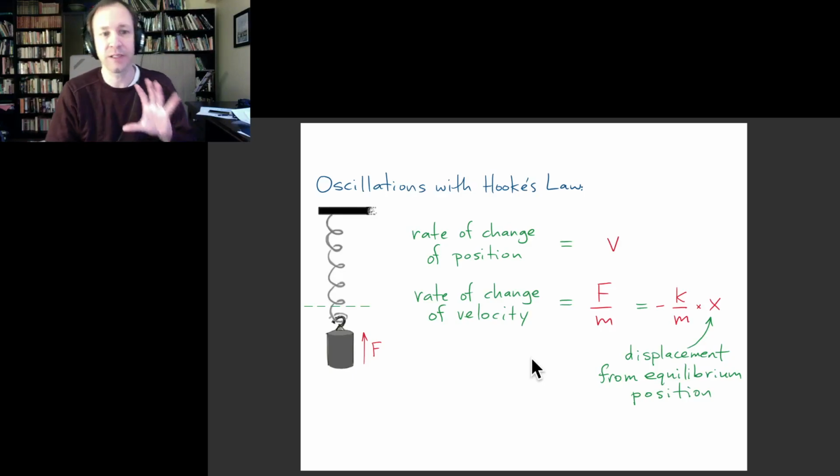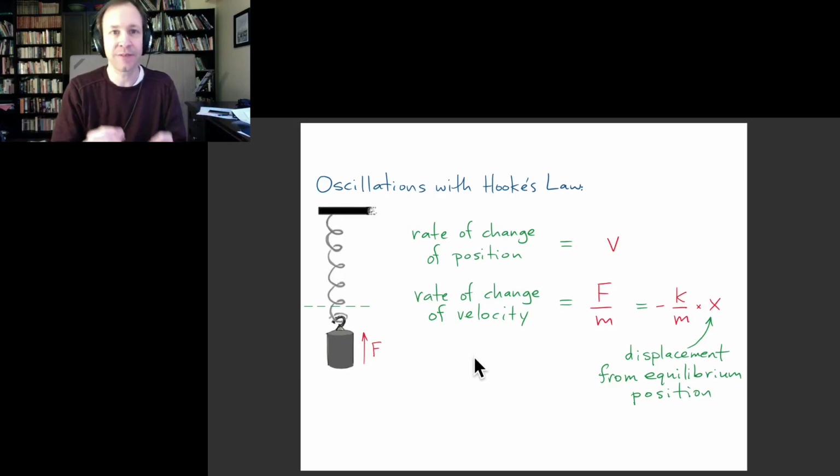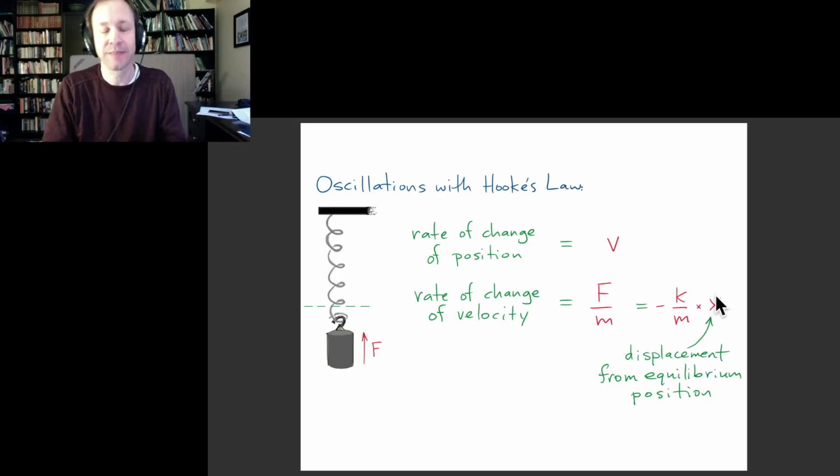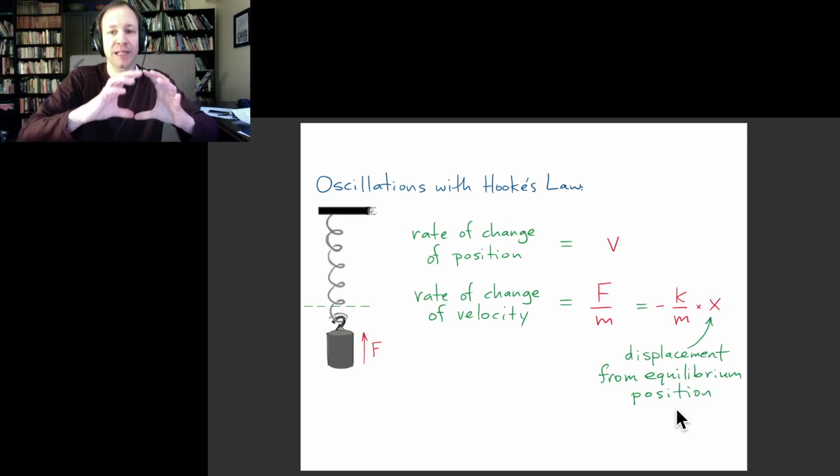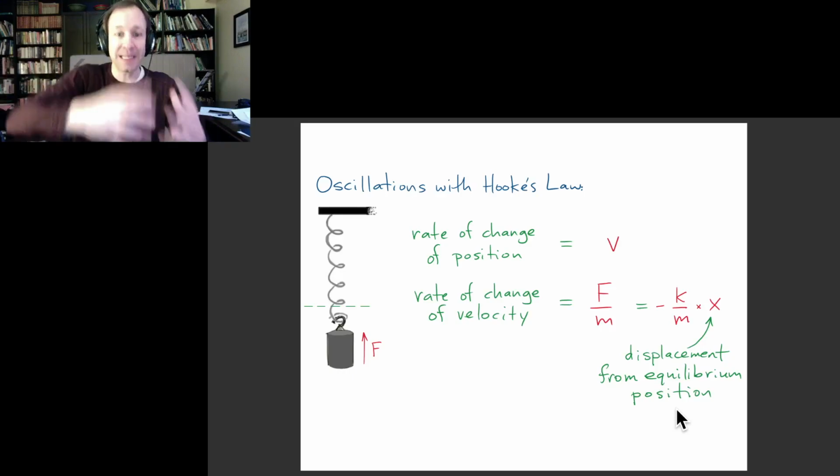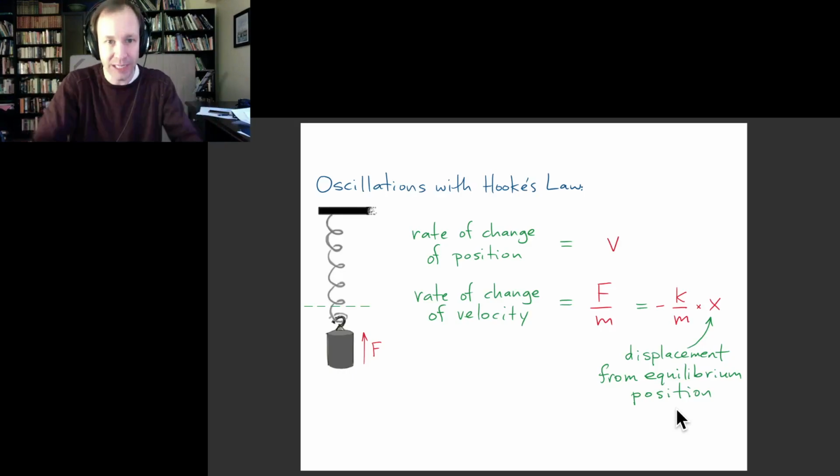So we're going to use the fact that the rate of change of position is the velocity, that's true at any time, and we'll use the fact that the rate of change of velocity is equal to the force over the mass, which in this case is equal to minus kx over the mass. And so as long as we know the position of our object and the velocity at any time, we can predict how those things will change with time.